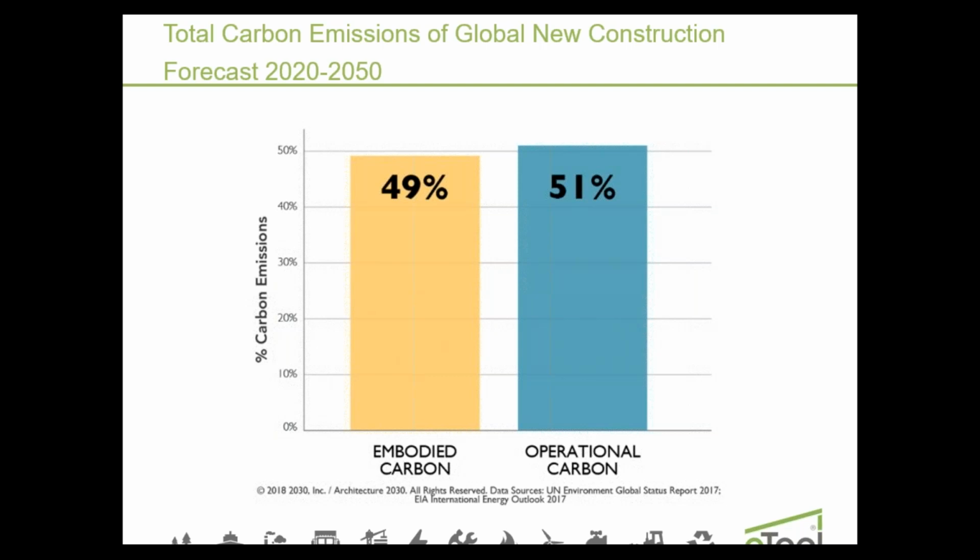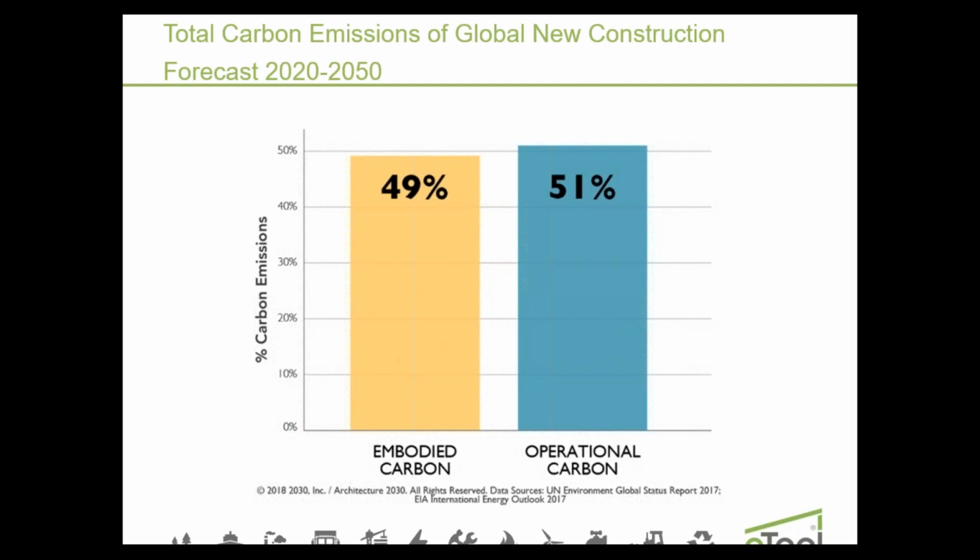Currently, the proportion between embodied and operational carbon is about 30 to 70. It depends really on the type of building. Some projects, for example in the commercial space, might even have 80% operational carbon.